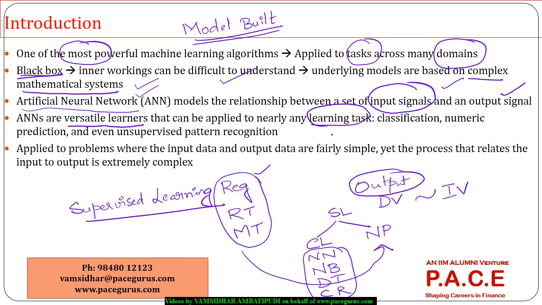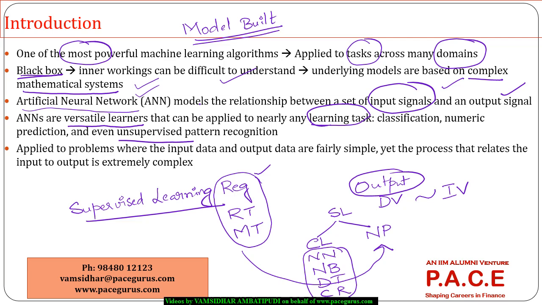But neural networks, I can put into either of them. And in some cases, I can use neural networks for unsupervised learning also. This is one such technique that is typically used for both supervised as well as unsupervised learning processes.